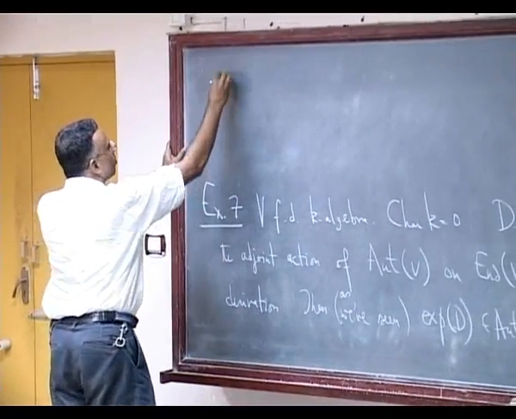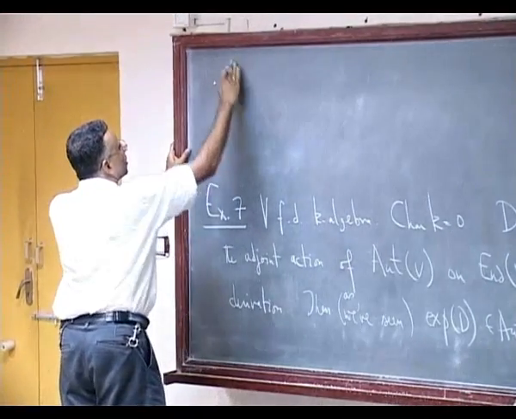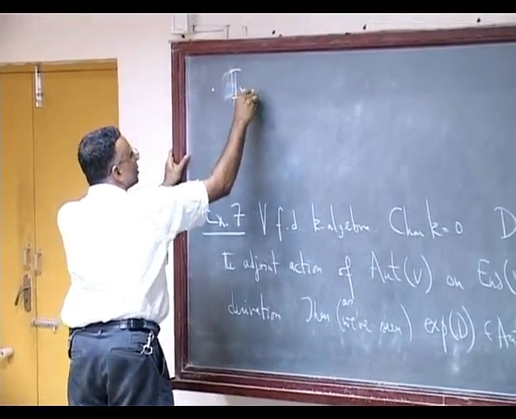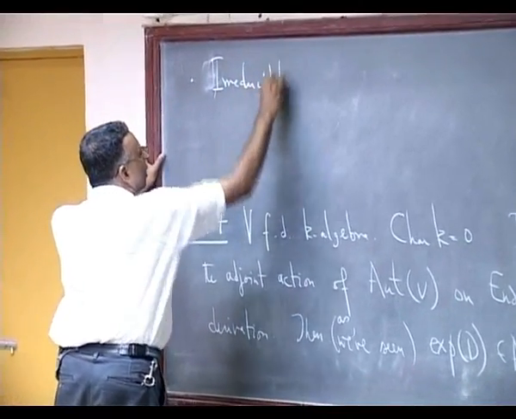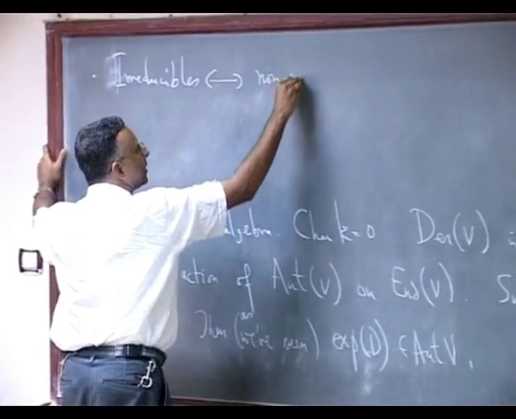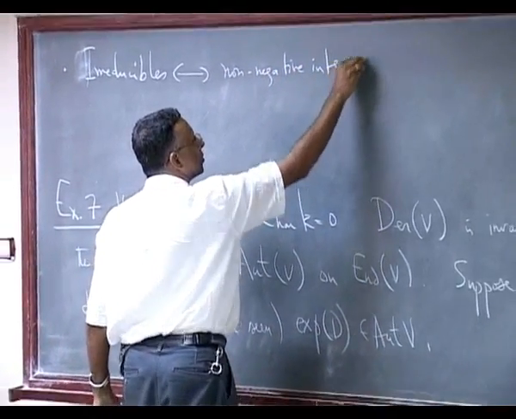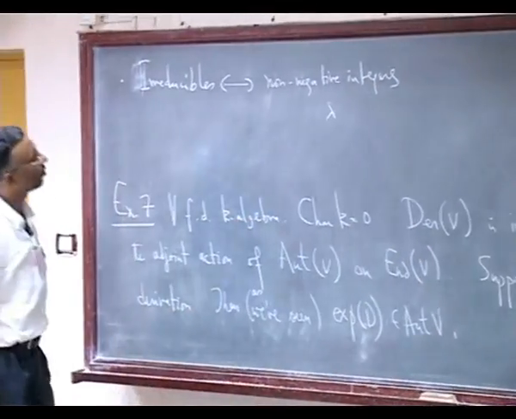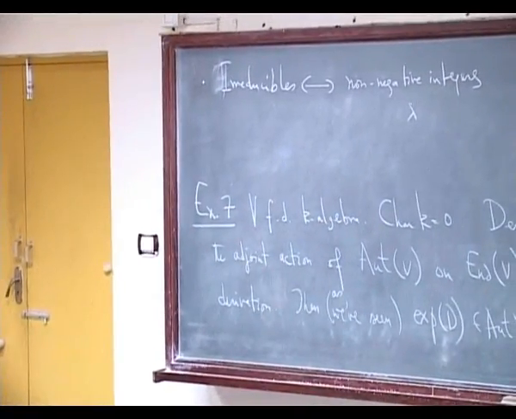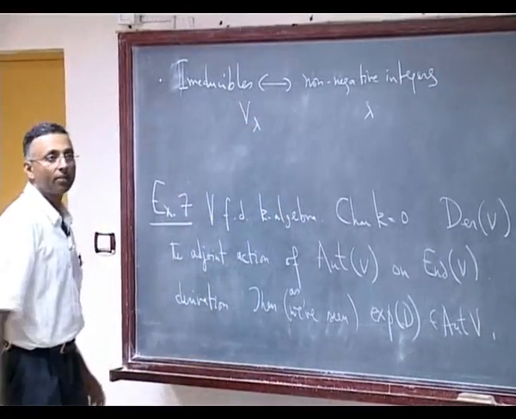So the irreducibles are in one-to-one correspondence with non-negative integers. If I denote a non-negative integer by a symbol lambda, the corresponding irreducible I will denote by V lambda.